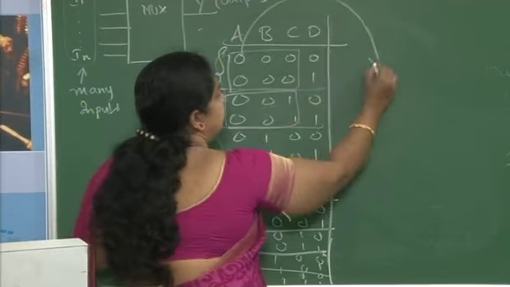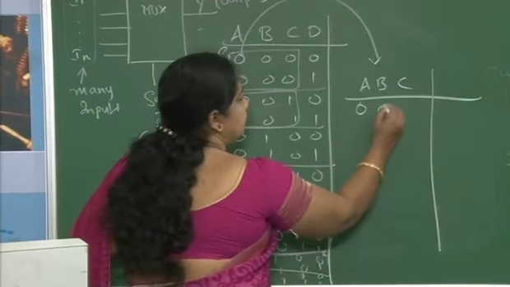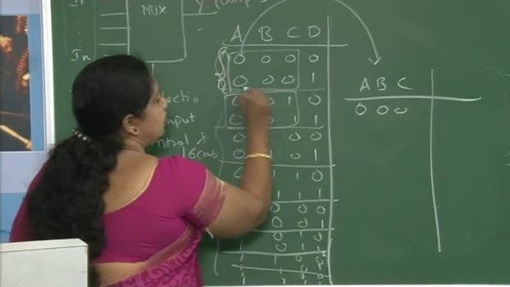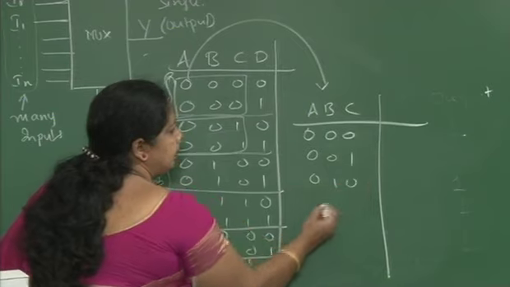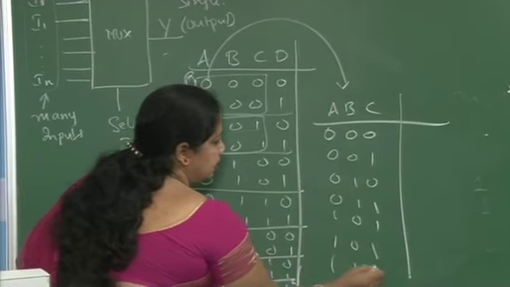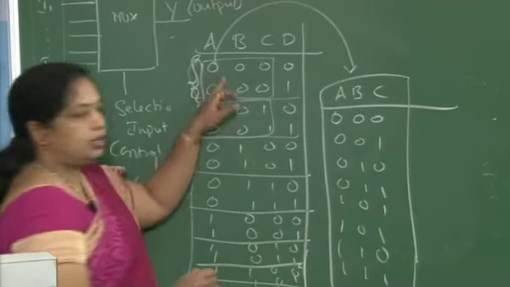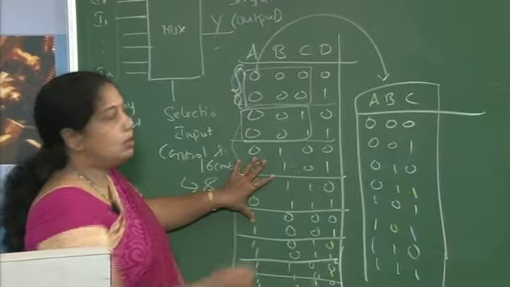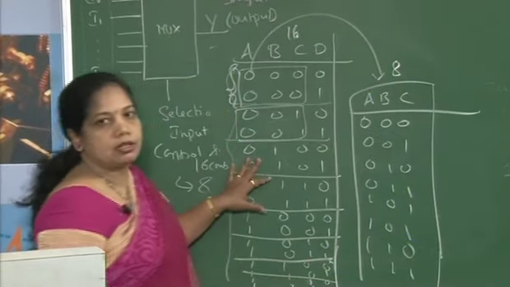So I'll eliminate and write like this: 0 0, 0 0, 0 1, 0 1, 1 0, and so on up to 7. My truth table has been reduced from 16 combinations to 8 combinations.